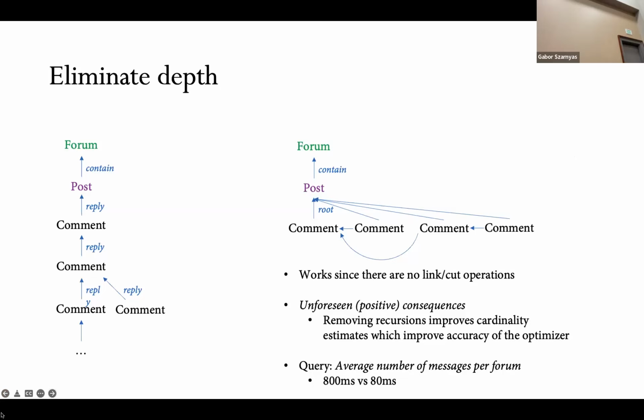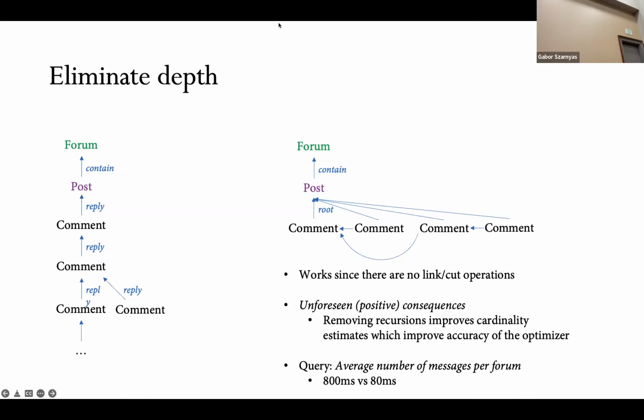And one interesting thing is, this doesn't just improve the scalability in the simple sense, as I described earlier, by removing the depth. It also makes it much easier to estimate cardinalities, because looking at the relation of comments or messages, we have a column there that describes their root post.